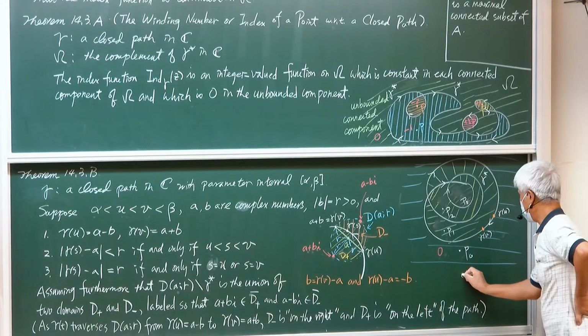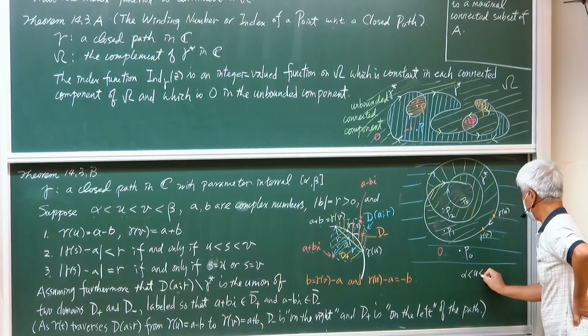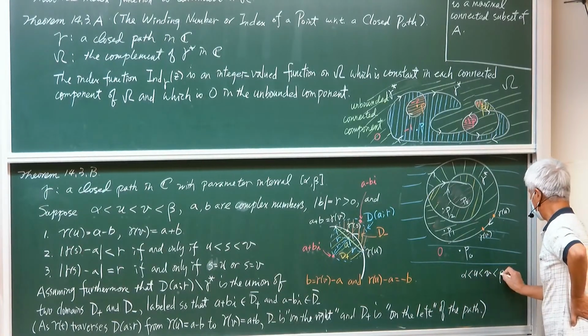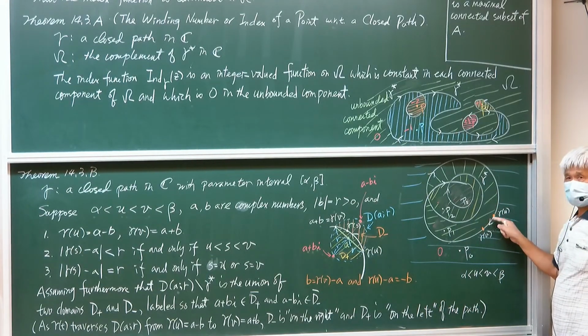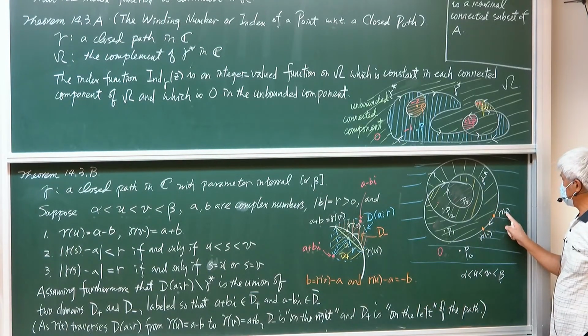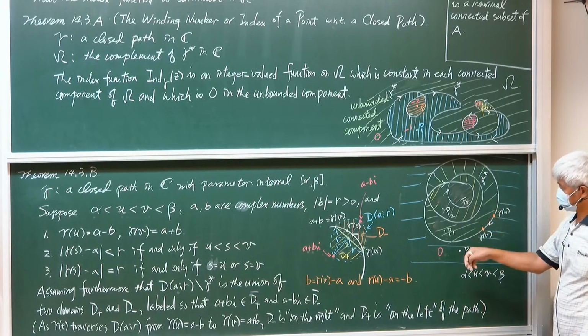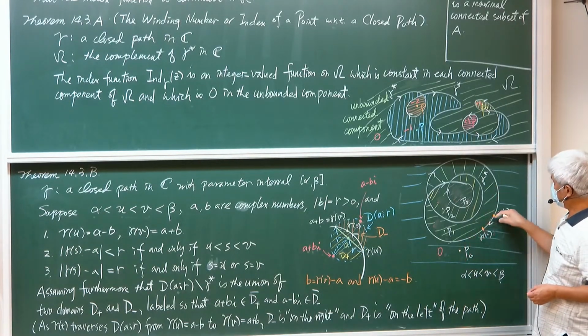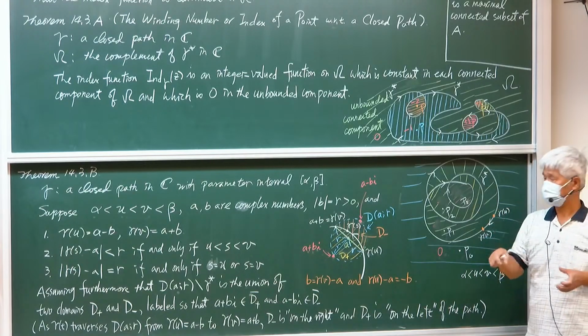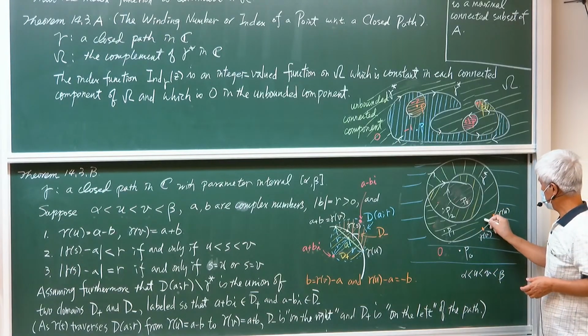Remember, alpha, u first and v second, and beta. So we travel, and the orientation must be from gamma u to gamma v, this way.